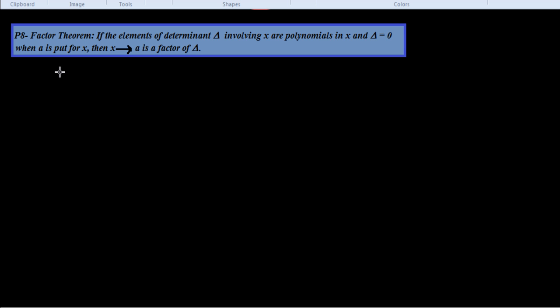Now see the property 8, which is called the factor theorem. If the elements of a determinant involving x are polynomials in x, and the determinant is equal to 0 when a is put for x, then x minus a is a factor of this determinant. So we take an example for this.